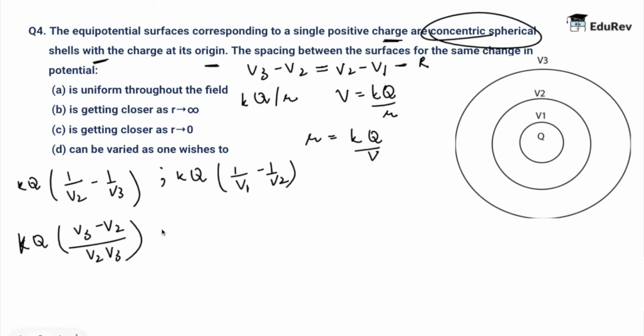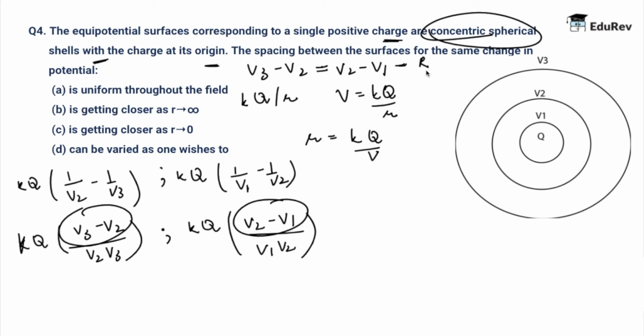And here I can write KQ times V2 minus V1 upon V1 V2. So now I can write V3 minus V2 and V2 minus V1 as what? Since these two are equal, it's going to be KQ times that difference upon V2 V3 and KQ times that difference upon V1 V2.